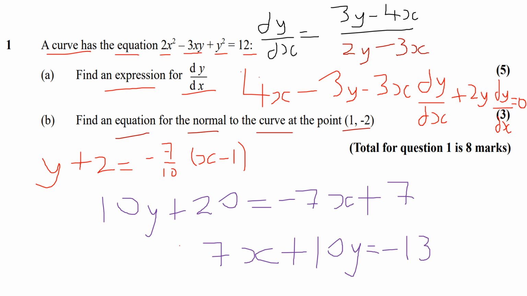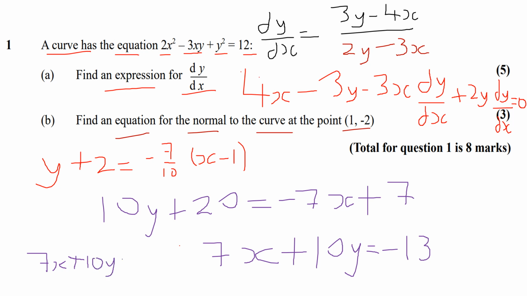So write it in y equals mx plus c, or ax plus by equals c, or ax plus by plus c equals 0. I'll put it in this form because it's a bit neater. Of course, I can write it as 7x plus 10y plus 13 equals 0. Either way, your answer should suffice. But make sure that you put it in the form they want it in.